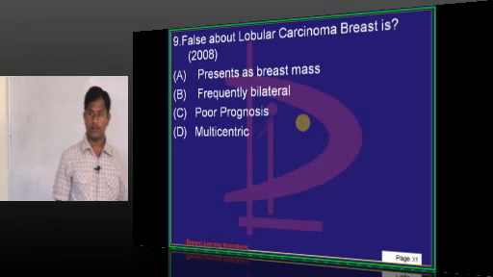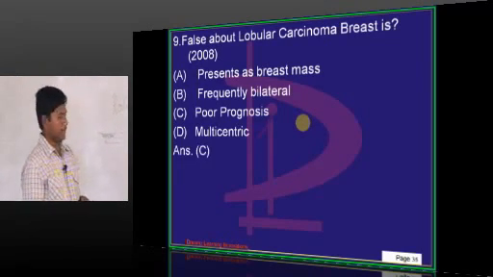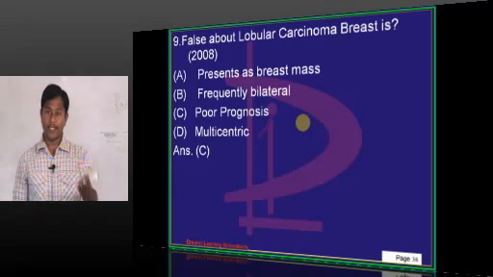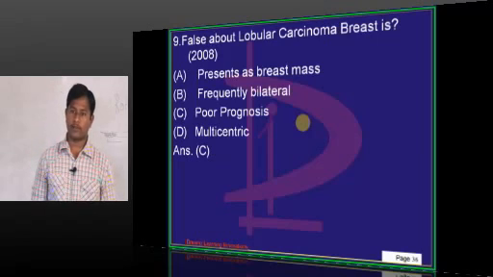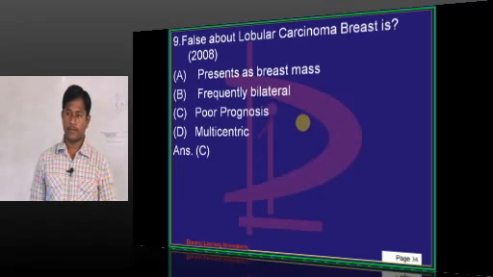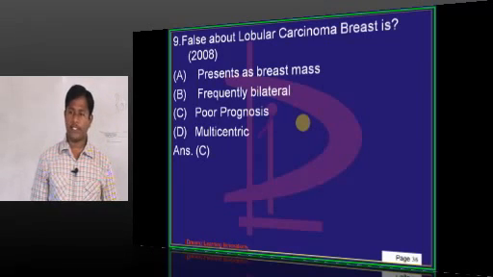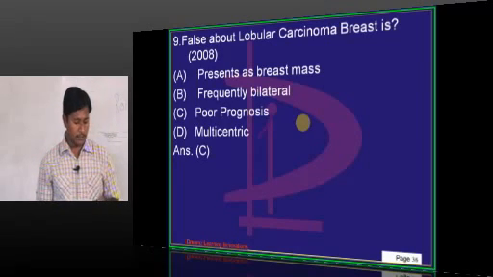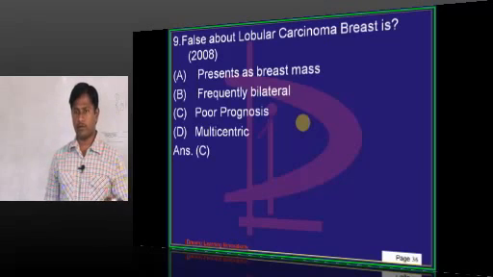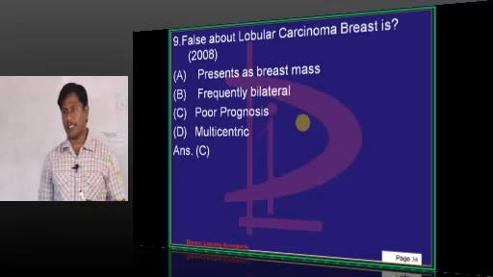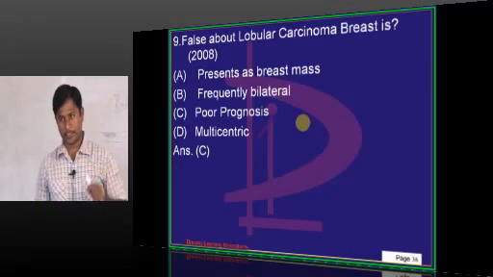Good prognosis? Yes, it is good prognosis. But when is it a good prognosis for lobular carcinoma? What do you have to do to make it a good prognosis? Let me ask you one more question regarding this. A patient presents with lobular carcinoma with multicentricity and a focus of bilaterality.